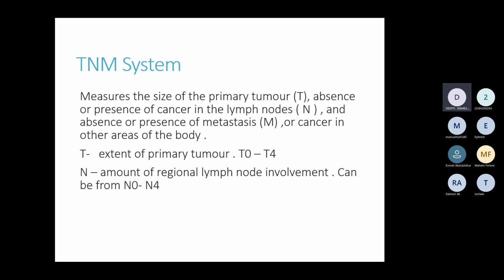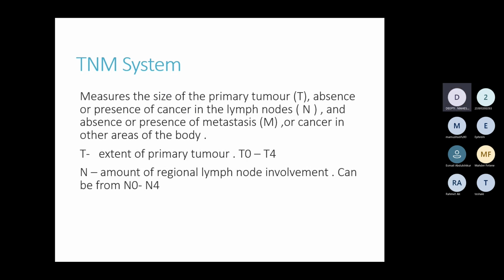So for every cancer, the meaning of T1, T2, T3, T4 will vary. But you will understand that with T1, the size is this much, with T2, the size is this much, with T3 it is this, and with T4 the size is this. Okay. So T designates the size of the primary tumor.